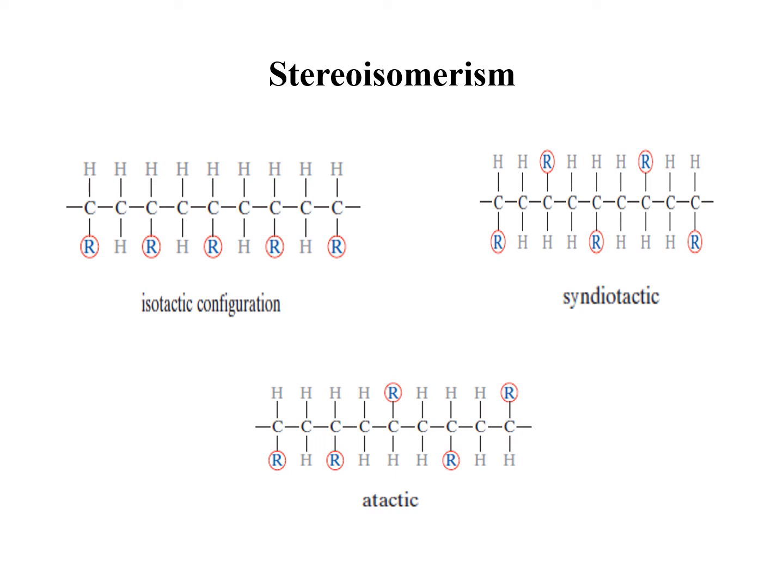Okay, so if we look at the molecular configuration of polymer molecules, there are two configurations that can happen, that is head to head configuration and head to tail configuration. Here R represents an atom or side group other than hydrogen, that may be chlorine, that may be methyl.